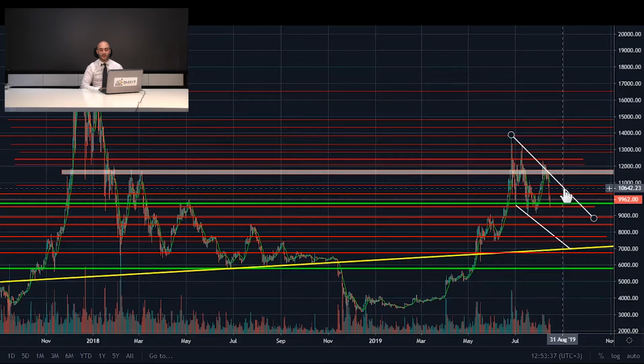But I'm expecting that this upwards move probably will be very short, and the general trend will go on downwards until touching this yellow trend line. That's what I expect for Bitcoin, both short-term and long-term expectations.